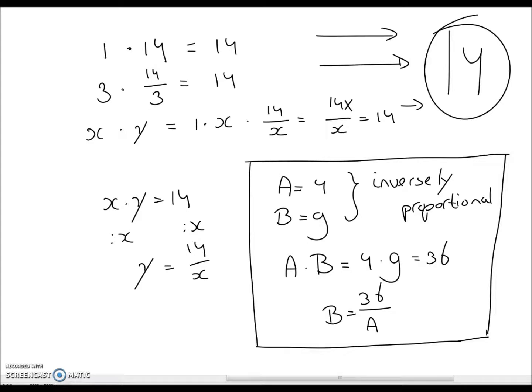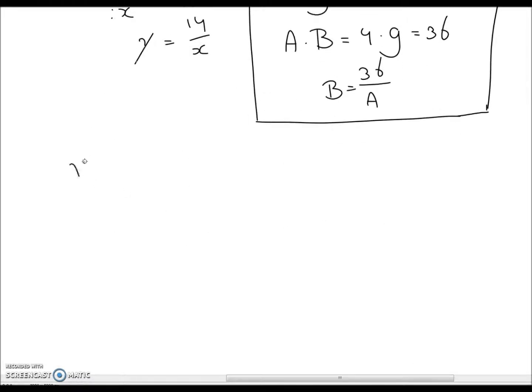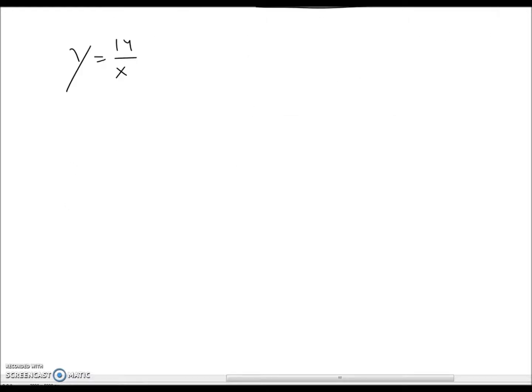Now let's look at our formula which we found earlier. y is 14 divided by x. We call this type of formula rational. Any formula with an x in the denominator is rational.